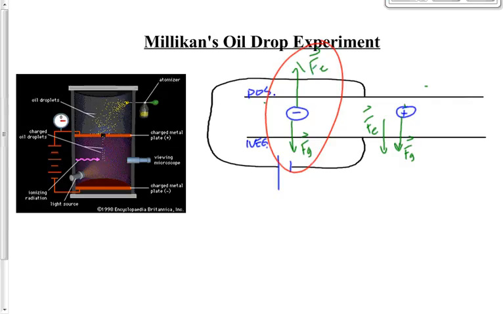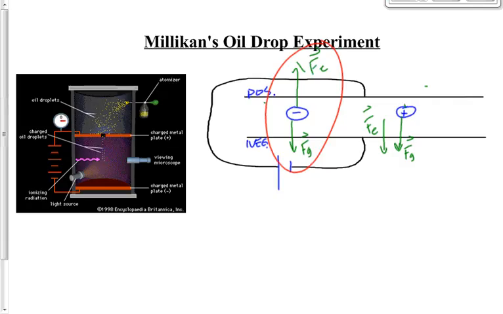One of two things. If the particle is at rest, it's going to stay at rest. It's going to be suspended. If the particle is moving, it's going to keep moving at a constant speed.